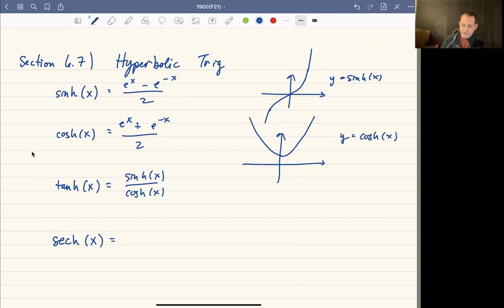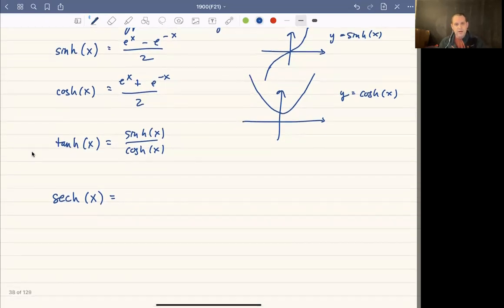In fact, the St. Louis arch was modeled on an upside down hyperbolic cosine curve. You can look up the actual curve that was used to model it. And then there's also hyperbolic tangent and hyperbolic secant, which I'm not going to draw.